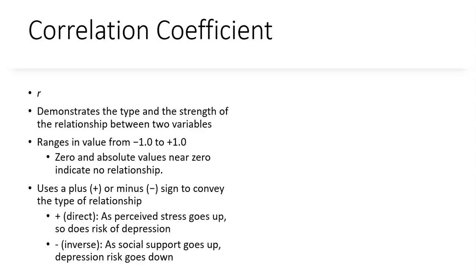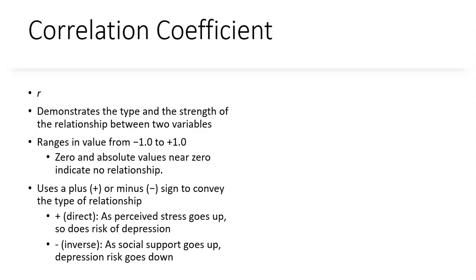Personally, I find that language confusing. Basically, what a positive correlation refers to is as variable A increases in value, variable B also increases in value. A negative correlation, often called an inverse relationship, as variable A goes up, variable B goes down.